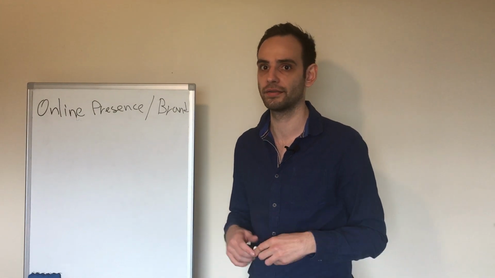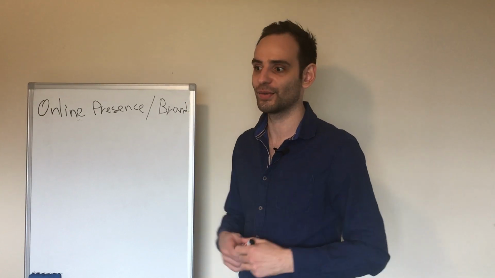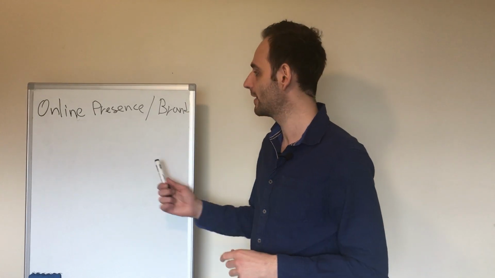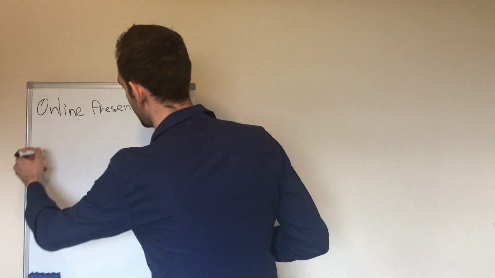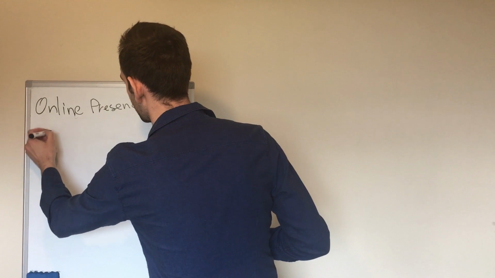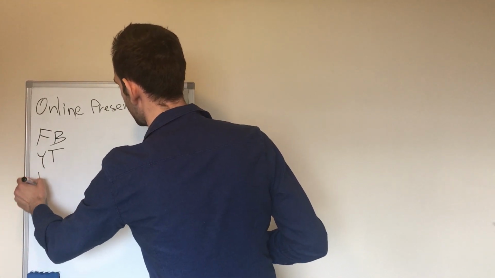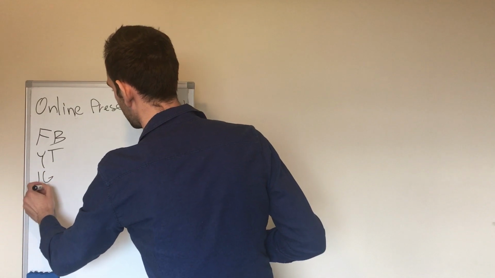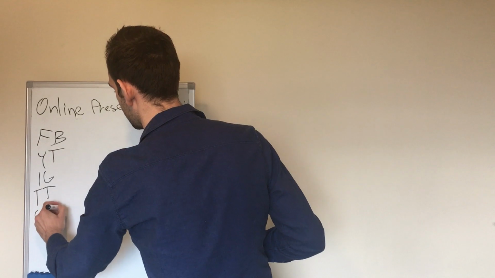In the 21st century, definitely, and I think it's just going to be more and more so in the next years. So we go on social media. I'm just going to write it all over here. It's going to be Facebook, YouTube, Instagram, TikTok, Google, and so on.